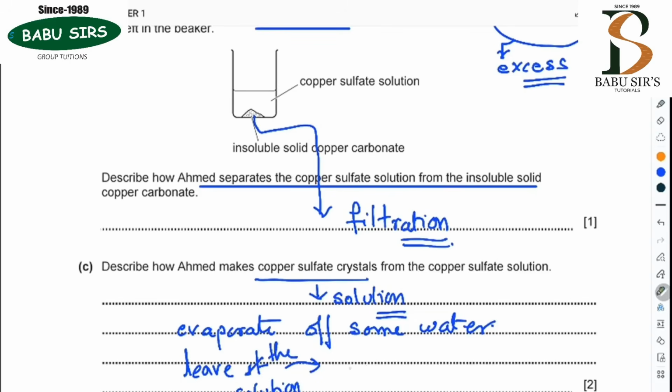And automatically you will get crystalline solid. It is just like salt when you put it in water. So you get a solution, and afterwards if you want the salt back, you just evaporate it and slowly you will get your salt back. We'll go to the next one.